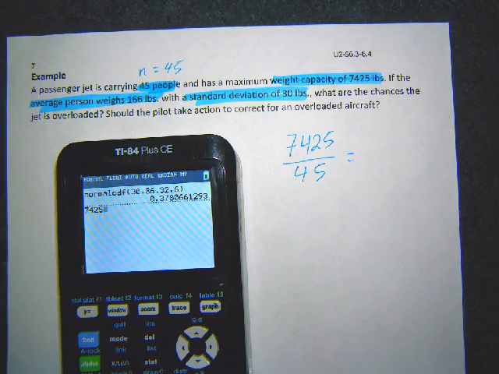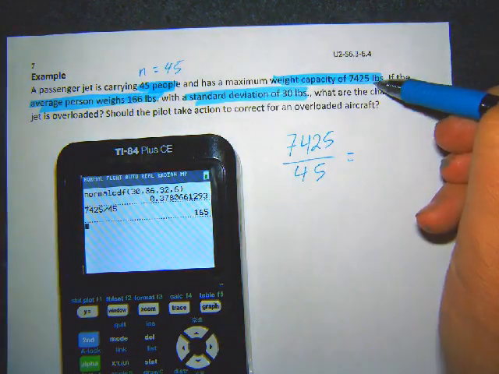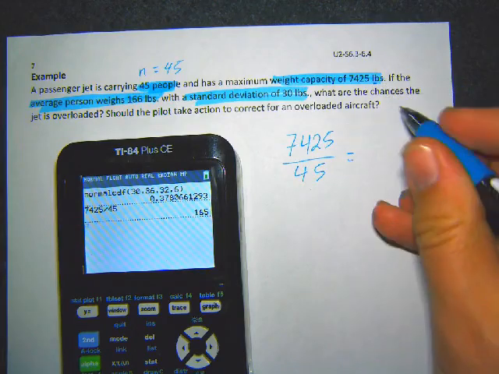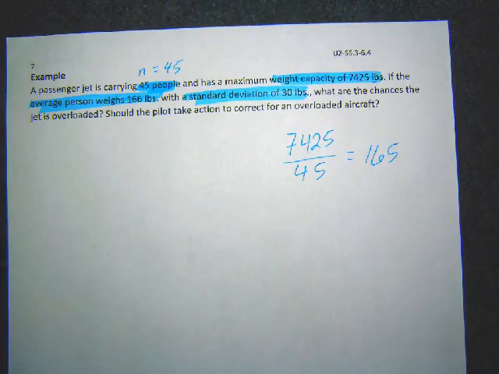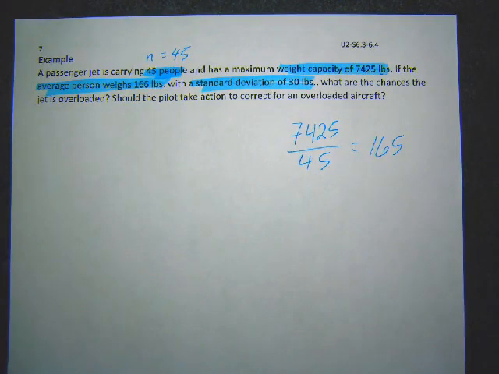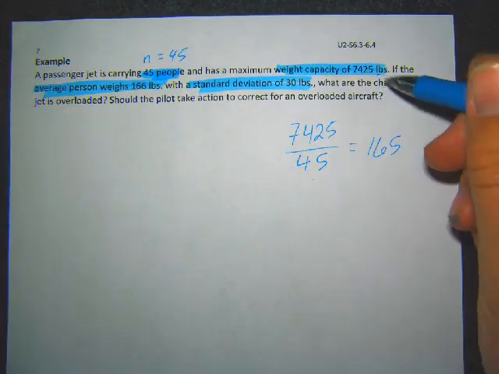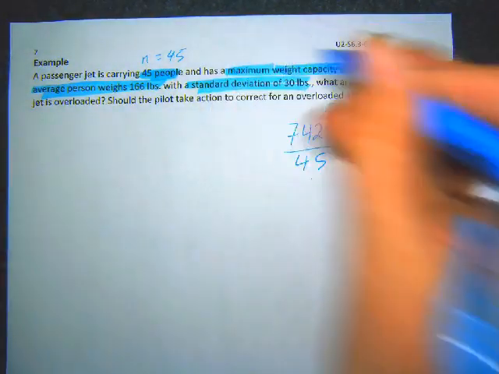So that's the trick on this one: they tell you how many people are on the plane, and they tell you how much weight the plane can carry. If you divide those, you find that 165 pounds is basically the limit. If the average weight of the people on the plane is 165 pounds or more, then they're in trouble, right? Because that's the maximum weight capacity. They don't want to be at maximum, they want to be below maximum.